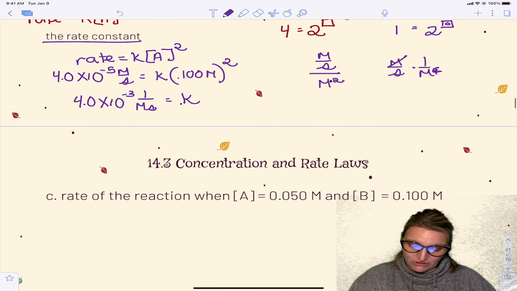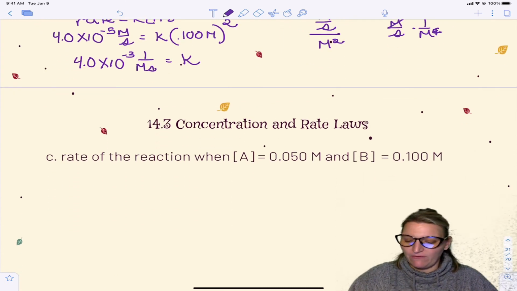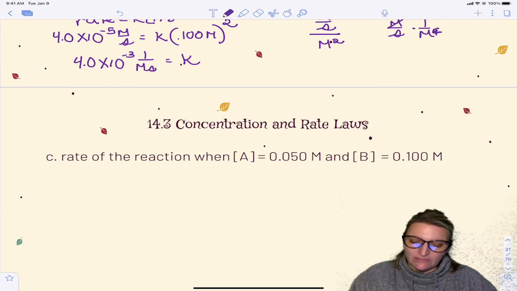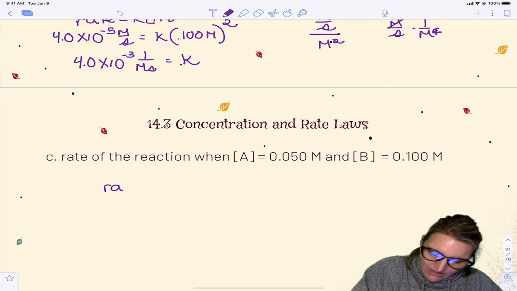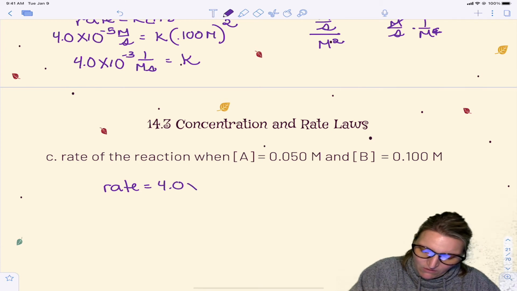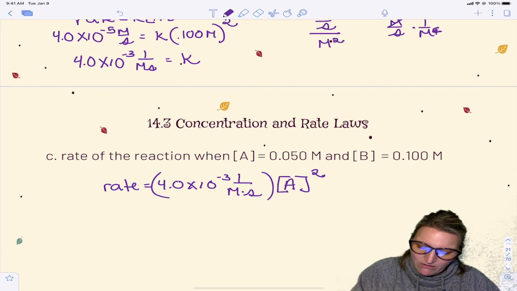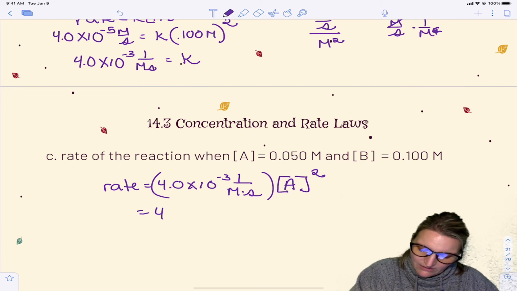And then the last question is, what is the rate of the reaction when A is 0.05 and B is 1.10? I now write the rate law, but this time actually writing in the rate constant. 4.0 times 10 to negative 3, 1 over molarity times seconds. And that would be times the concentration of A squared. I know the concentration of A, substitute that in.